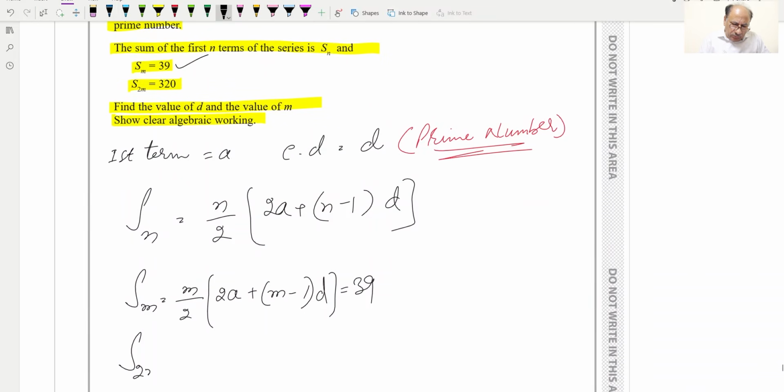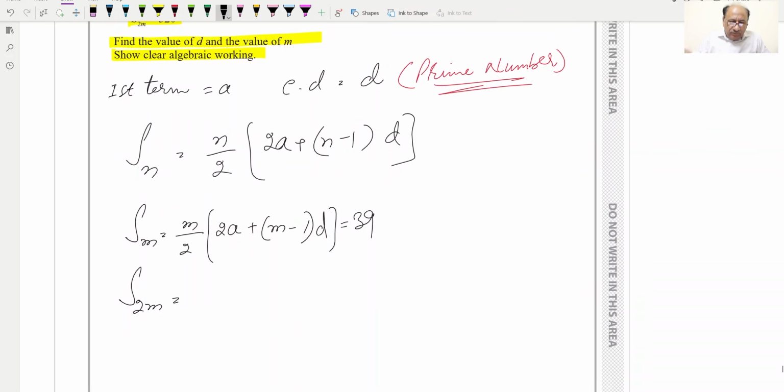So S2m will be equal to 2m over 2 into 2a plus 2m minus 1 into d, and this is equal to 320, as they have given.